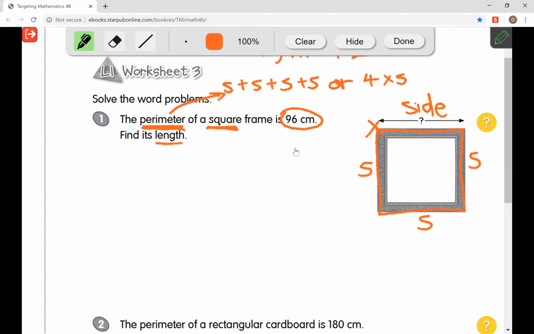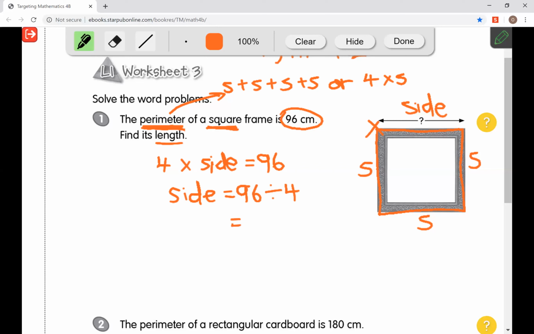Okay, so we know that 4 groups of sides gives us 96 centimeter. So it is almost saying that 4 units equals 96. So to find 1 unit, I need to divide by 4.